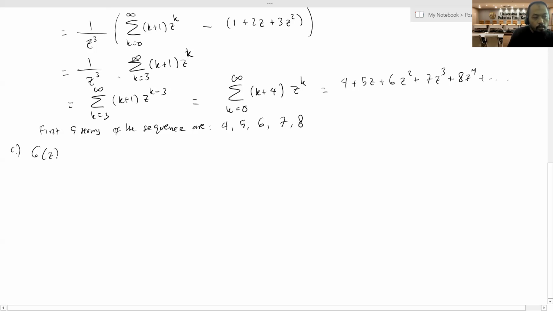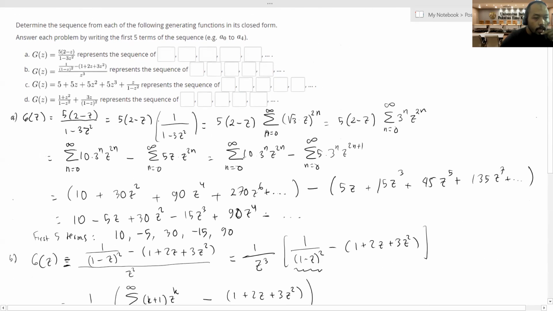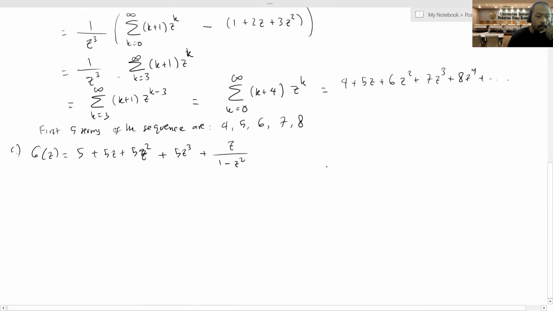C, you have gz equals 5 plus 5z plus 5z squared plus 5z cubed plus z over 1 minus z squared. Now, here what we could do is we simply rewrite the last term of the sum into an infinite summation.